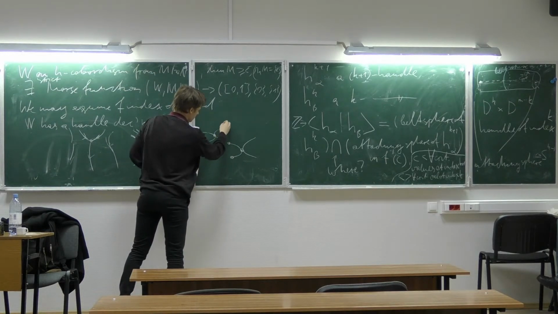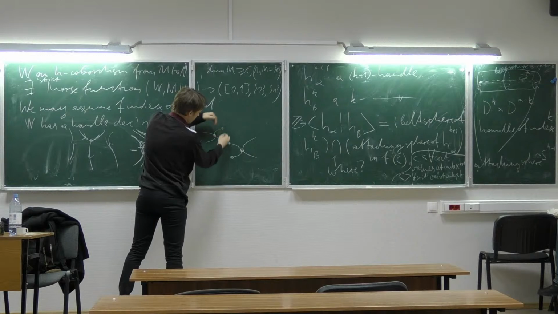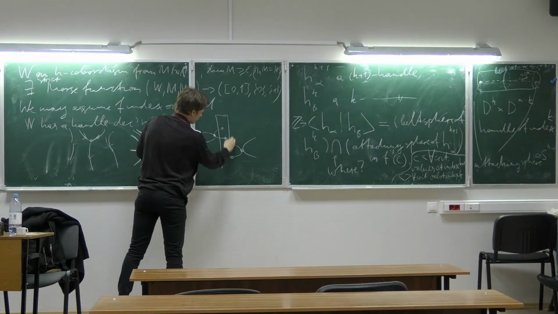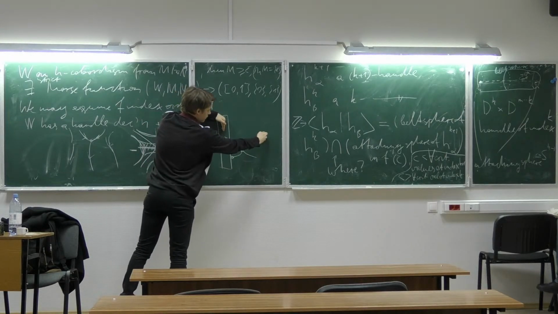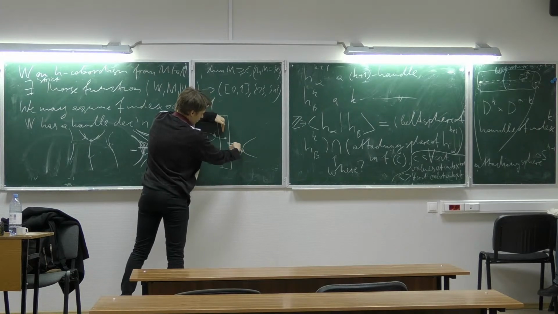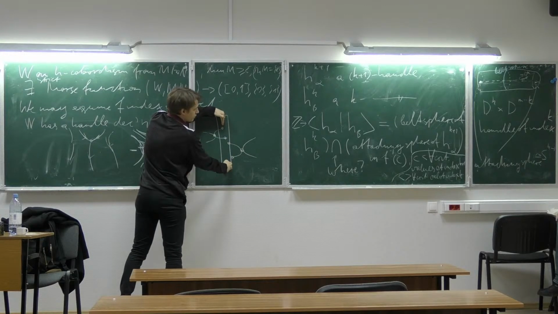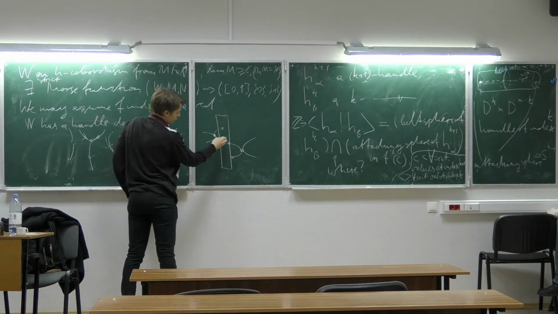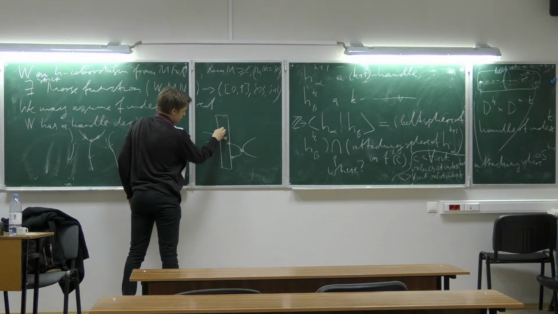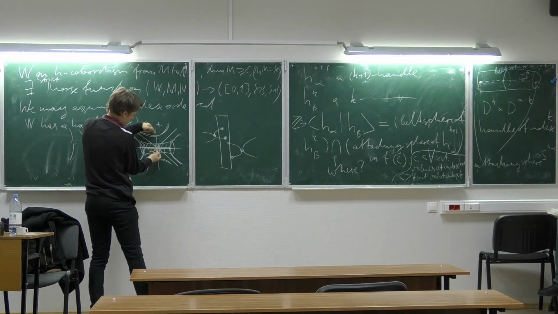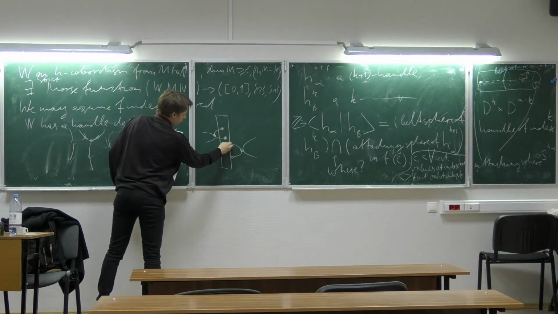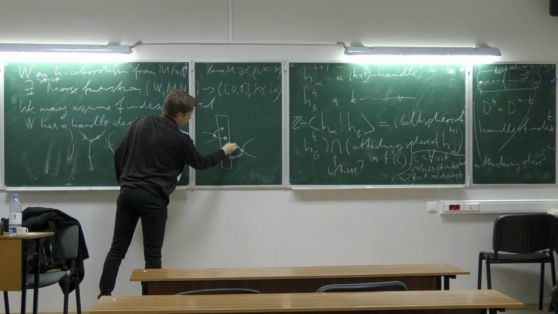So you want to compare the previous level set with how you attach the next sphere to the previous level set. You are interested in how the directions of the flow are related to each other.